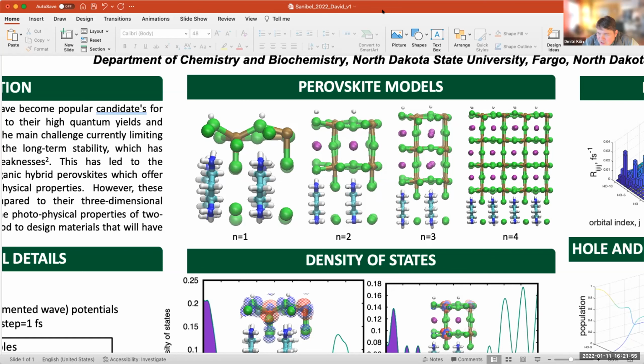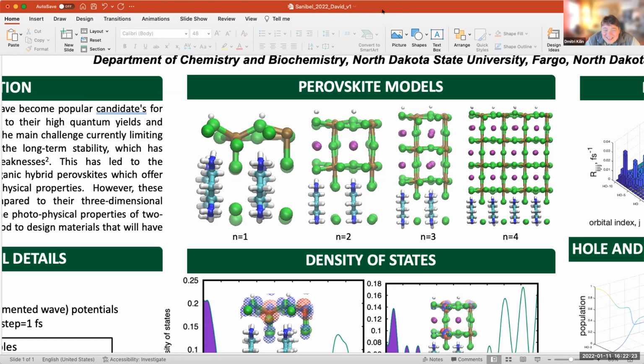So what are the three crystallographic phases of perovskites? Cubic, orthorhombic, and the third, tetra-something. Not gonal, but tetra-something.